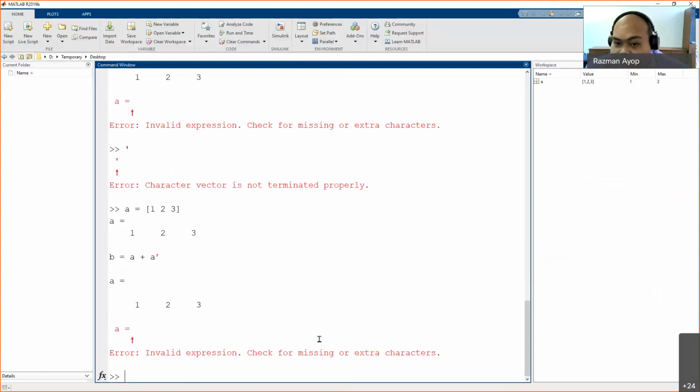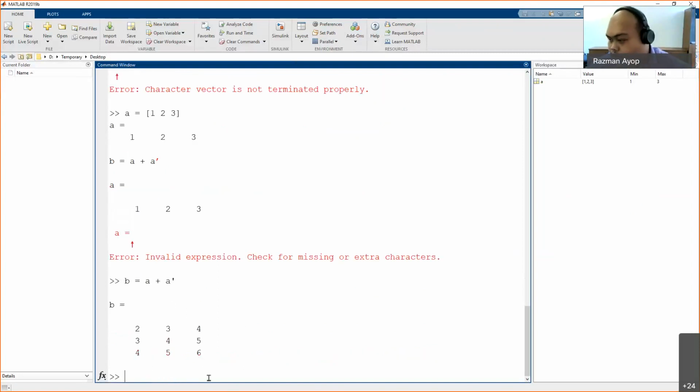You can see that it cannot operate. For example 3, just KIV first. I'm not sure what happened to this. We move on to the next part.